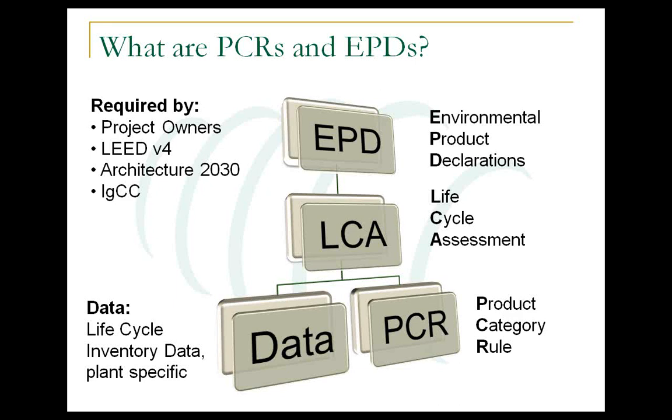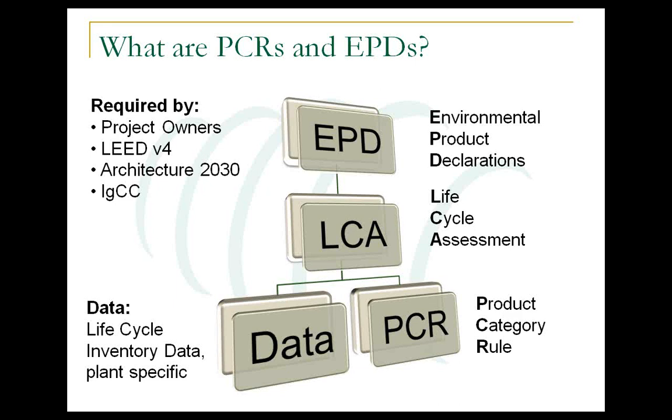An LCA is conducted using a product category rule. A product category rule sets the standard by which every product in a certain category conducts the life cycle assessment. So what is a product category? Well, concrete could be a product category, carpeting could be a product category, ceiling tiles, wall coverings, doors, wood products, you name it.